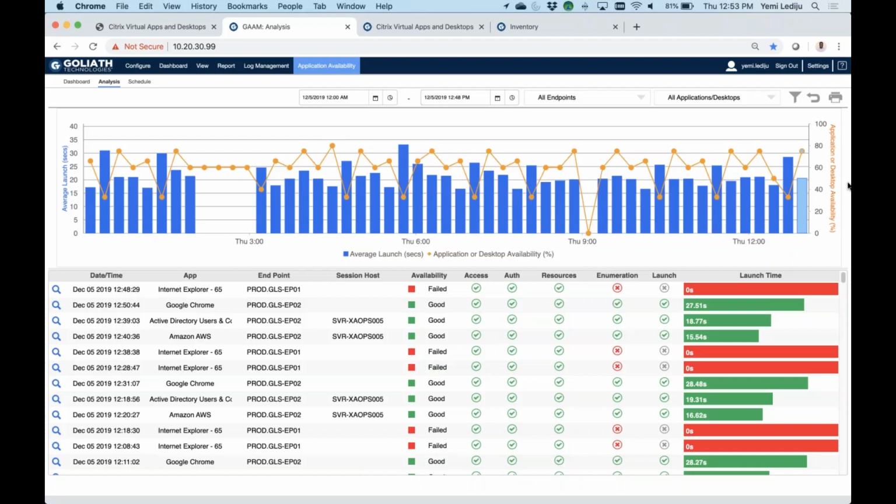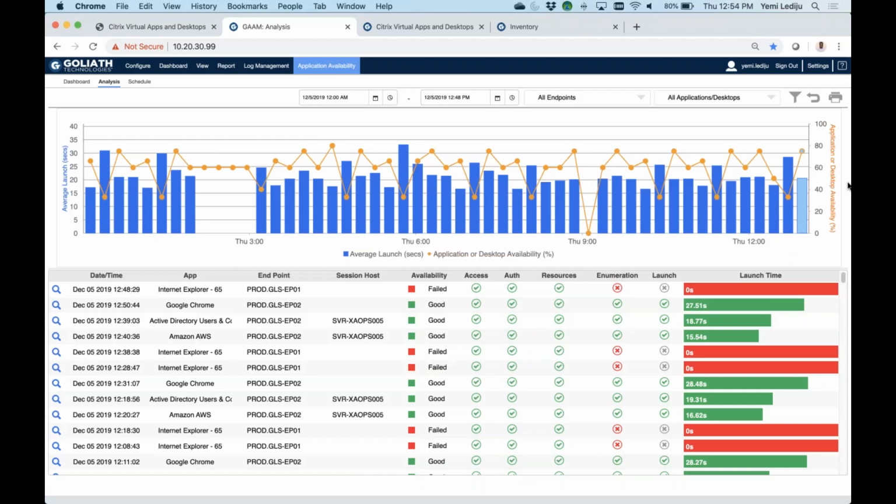So what we're looking at here is the application availability analysis tab. Typically customers get to this screen when they've gotten an alert saying that a particular application launch failed or had a long launch time or something like that.